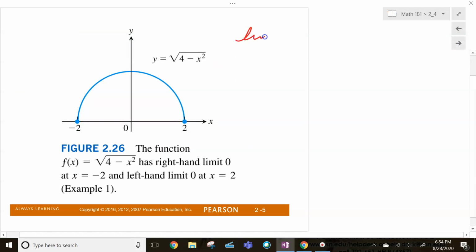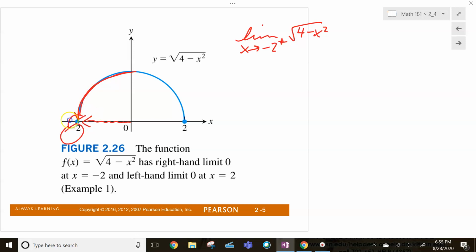If I was to look at -2, which sided limit would I have to have? I have to approach -2 from which side? Well, it's only defined from the right-hand side, so I'm going to approach it from the right. So for this function, it does have a right-handed limit, right? As I'm picking x values, getting closer and closer to -2, what's this y value going to? 0.